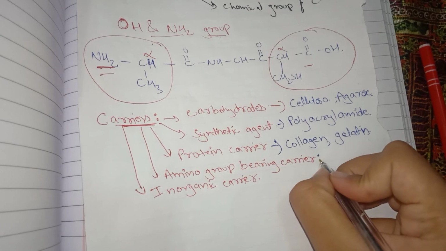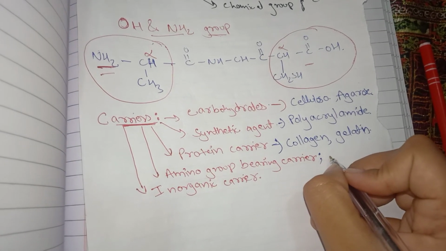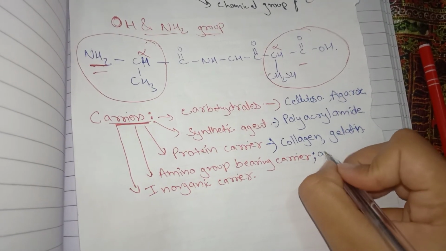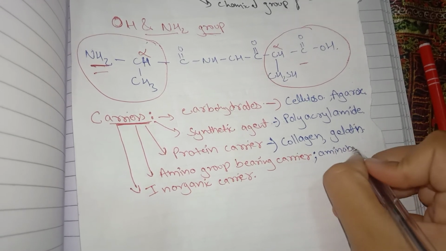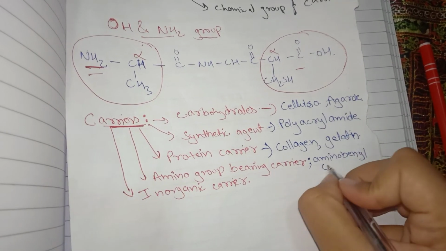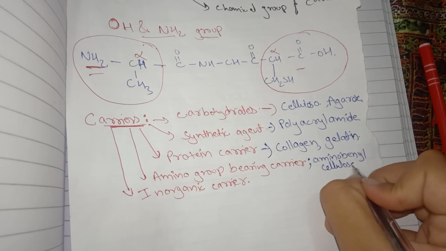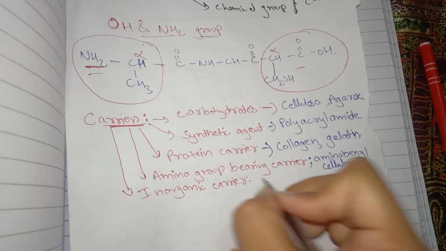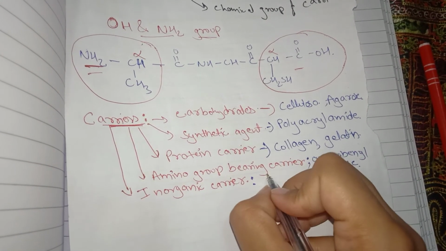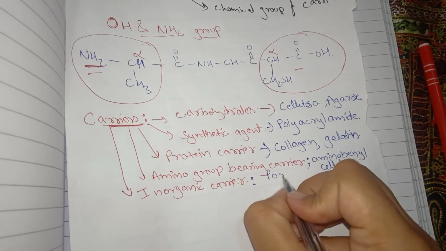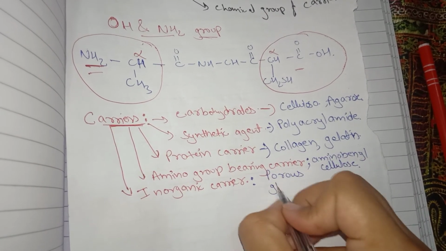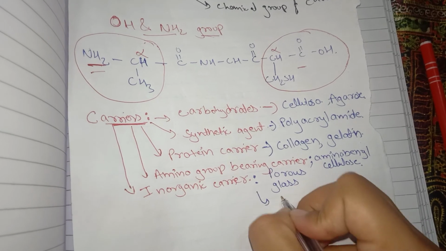Example of amino group bearing carrier is aminobenzyl cellulose, and inorganic carriers include porous glass and silica.